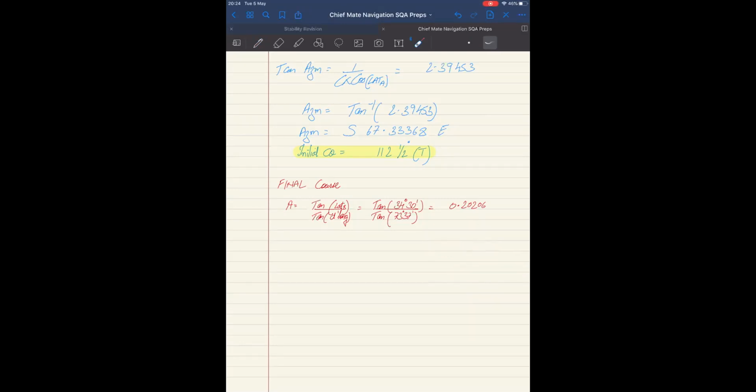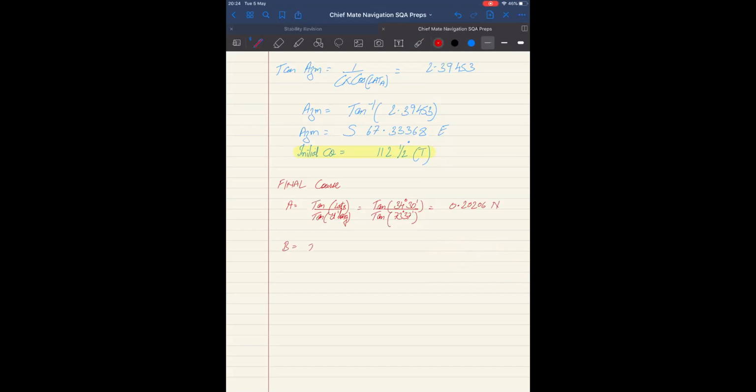We had assumed that we are moving from B to A. So our initial lat is the point B. So the point B is south. So it has to be opposite of south. It has to be north.